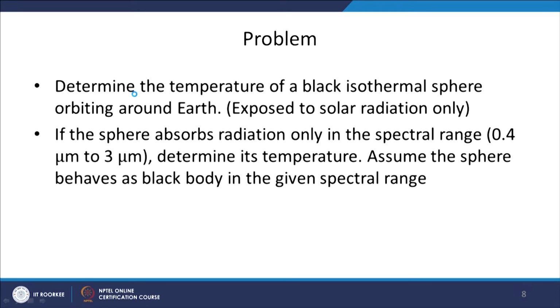So, let us solve one problem on the concepts that we have learned so far. In this problem we have to find the temperature of a black isothermal sphere, whose temperature is constant and which is suspended in orbit around the earth. The sphere is exposed to solar radiation and we have to find its temperature. The temperature will be found based on radiative equilibrium, because the only energy this sphere is receiving is from the sun, and it is radiating energy back to the vacuum in space.